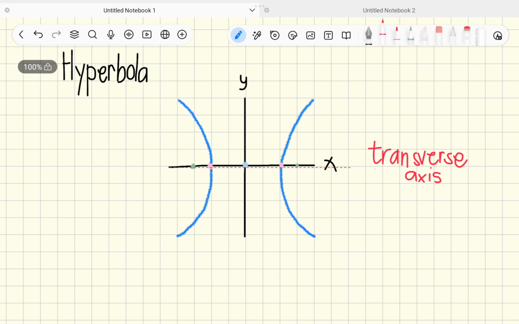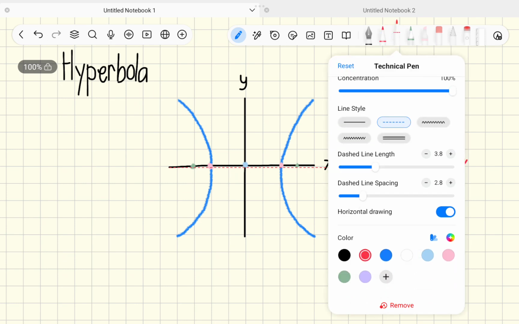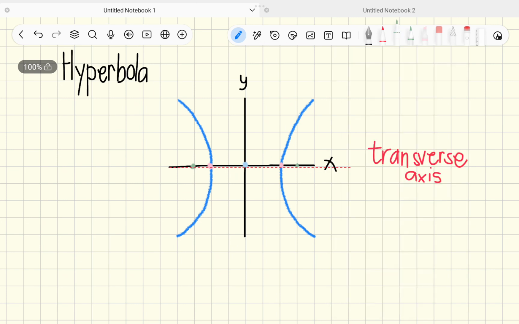The transverse axis intersects your hyperbola. The conjugate axis is perpendicular to your transverse axis. Meaning to say, your conjugate axis will be this one.